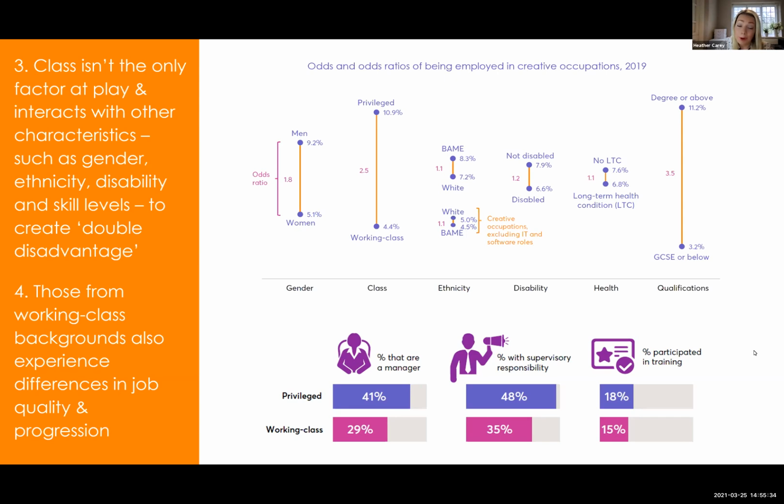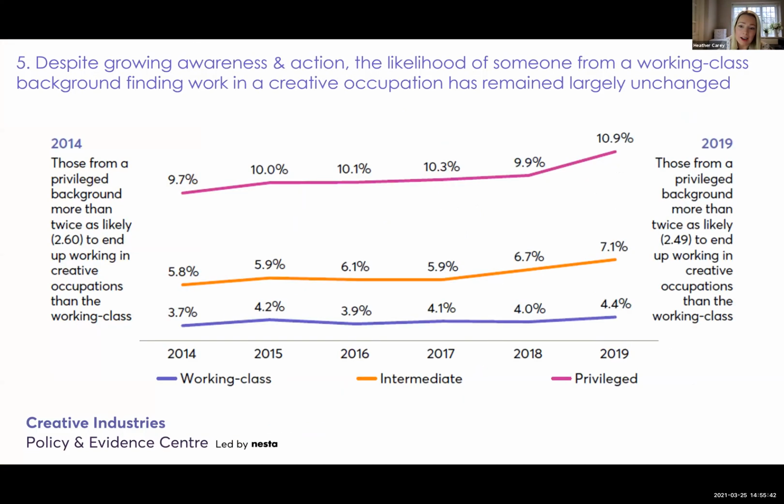Now, finally, and possibly most concerningly, the data told us that despite growing awareness, just skipping to the next slide, please, despite growing awareness of this issue and action by businesses and government and industry stakeholders to promote greater inclusion, we're not making progress on this issue at the creative industries level.